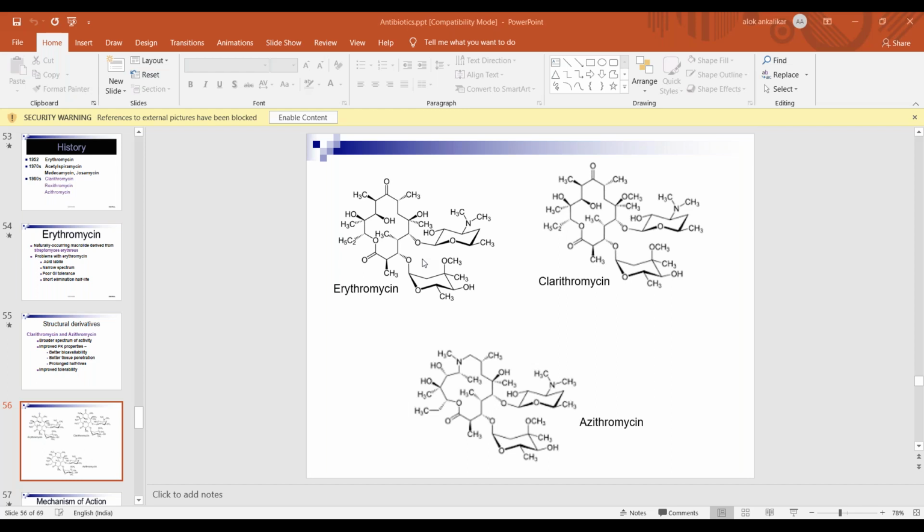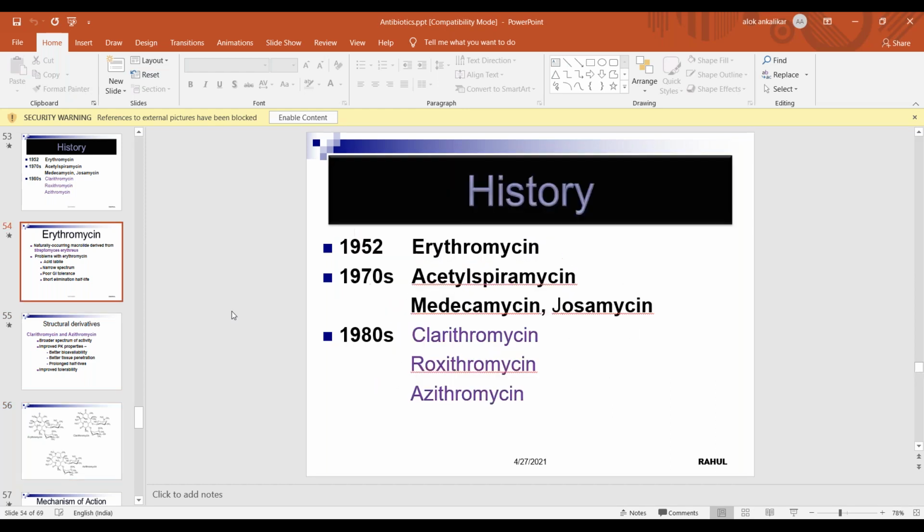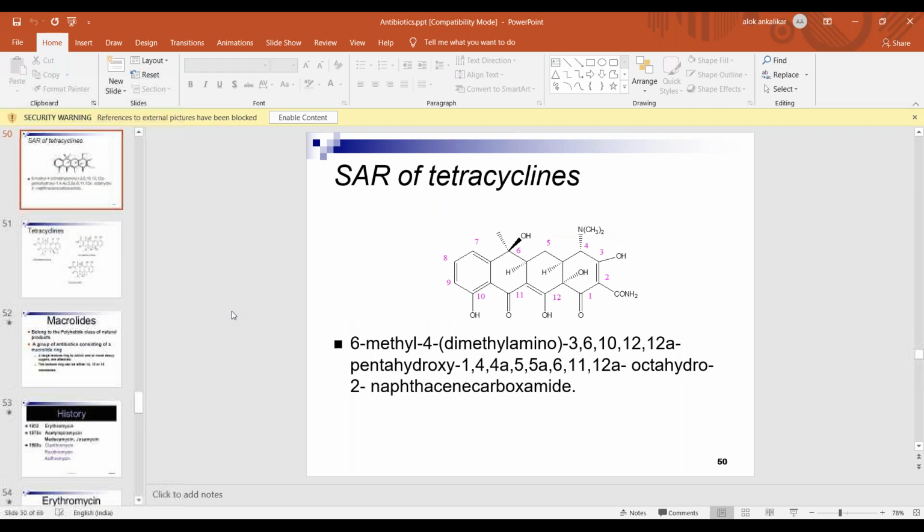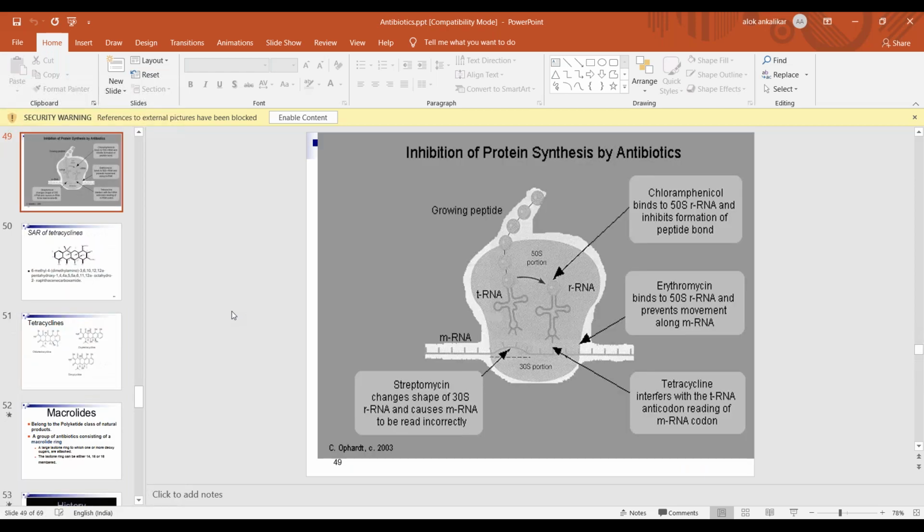So the overall mechanism of action of macrolide antibiotics is that it is a 50S ribosomal subunit inhibitor. We saw in the previous class on tetracyclines, I showed you in the picture there is a 30S ribosomal subunit and there is a 50S ribosomal subunit, and the aminoglycosides as well as tetracyclines bind here, they inhibit the action here. Okay, but these macrolide antibiotics bind to the 50S portion.